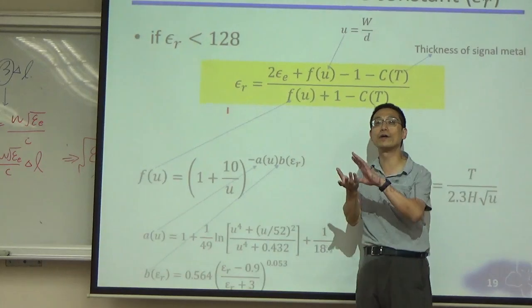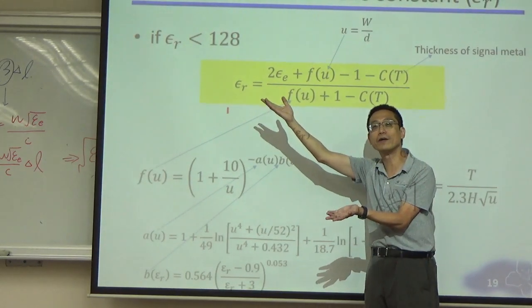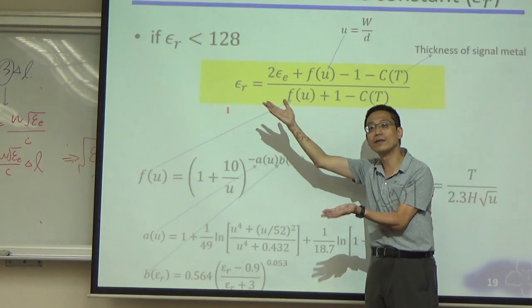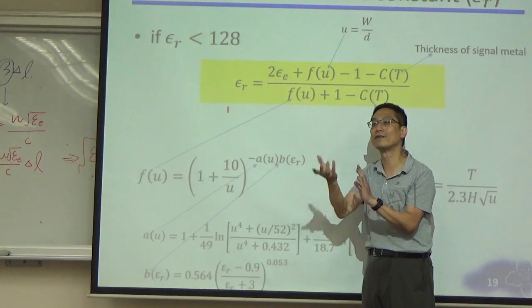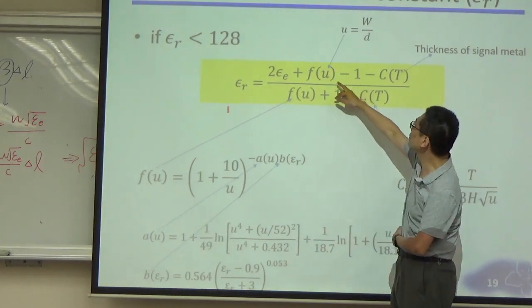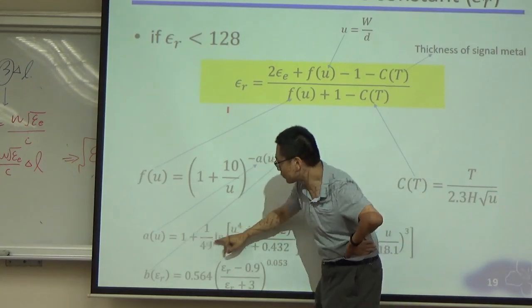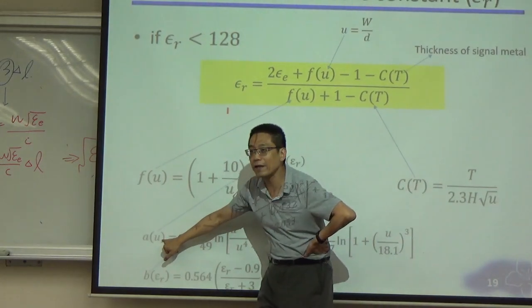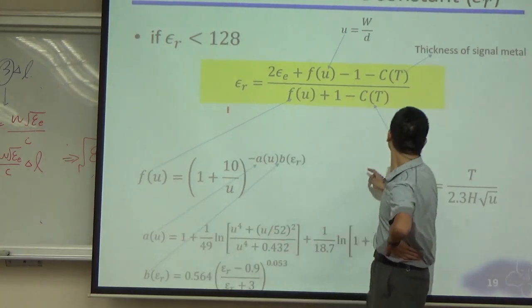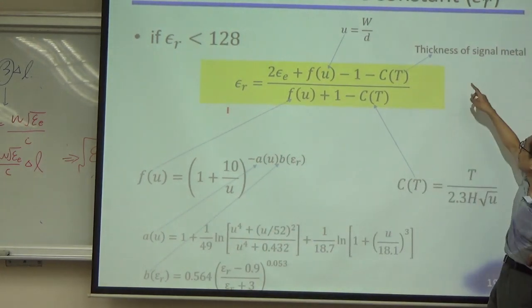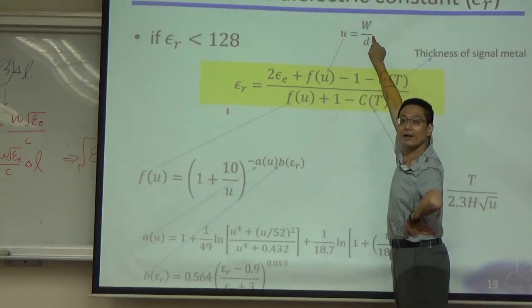Okay, this is also the reverse equation for the complex epsilon e to epsilon r. It is kind of a reverse equation, like the Z0 reverse. The beginning is here. You find the geometry. U, what is U? U is the ratio of W and D, okay?